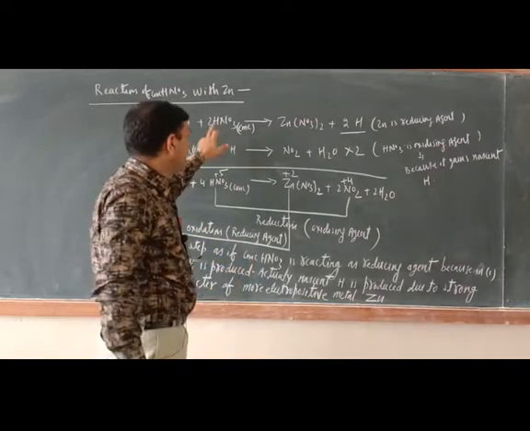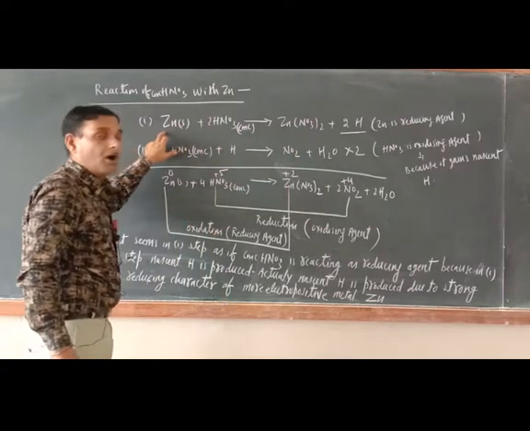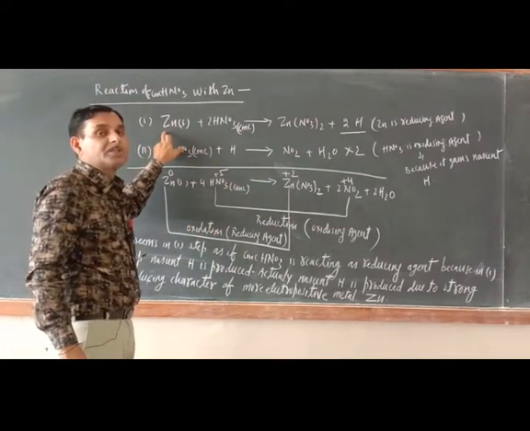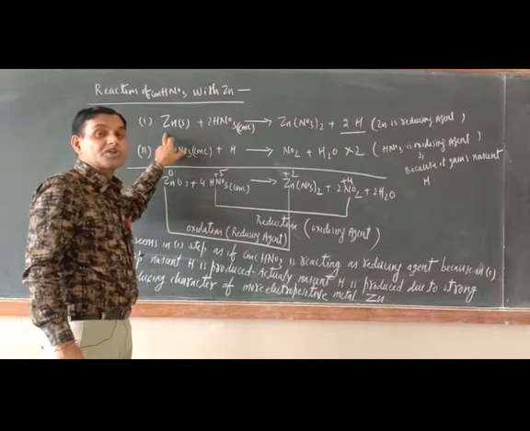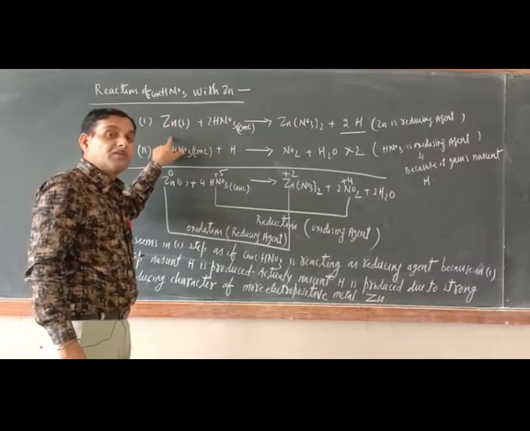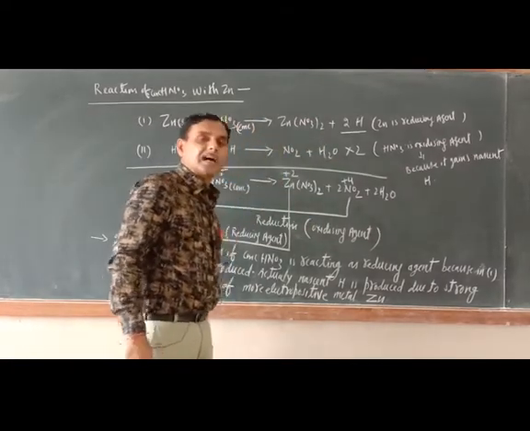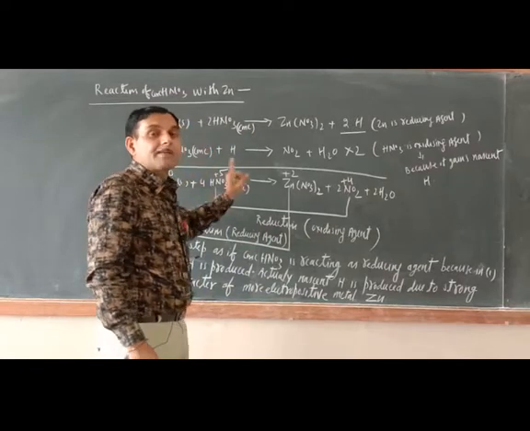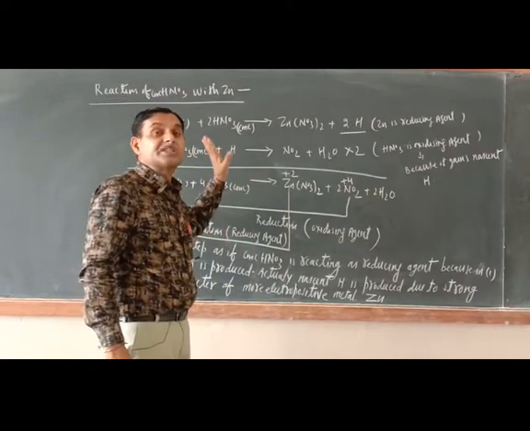Actually, HNO3 is furnishing nascent hydrogen because of the strong electropositive character of zinc. Are you getting my point or not? Zinc is an electropositive metal, known for the removal of electrons. So under its influence, HNO3 is furnishing nascent hydrogen. So here in step one, the real reducing agent is zinc.